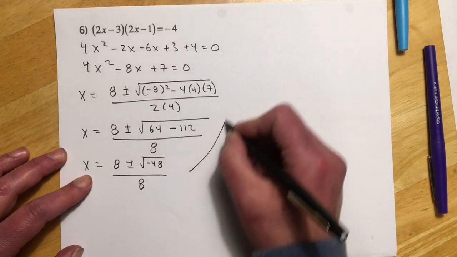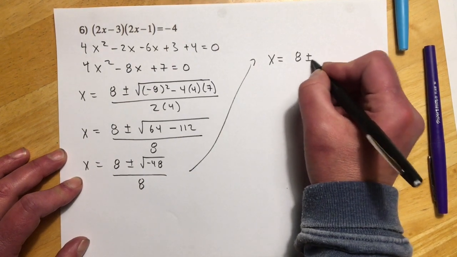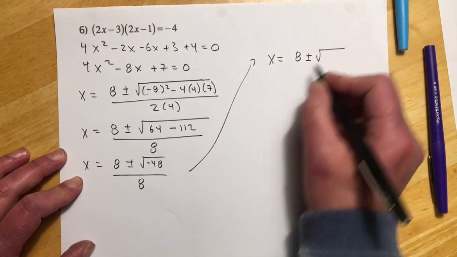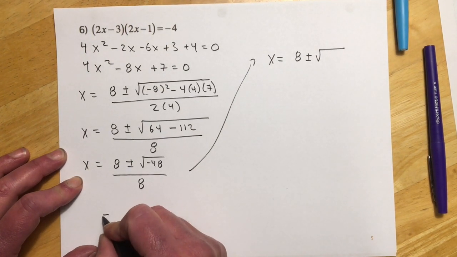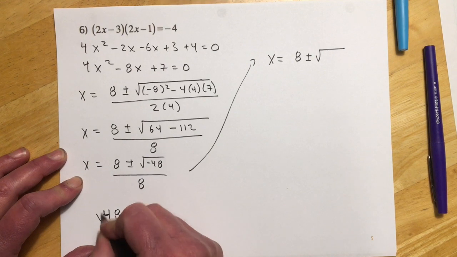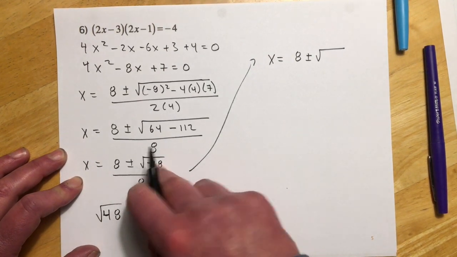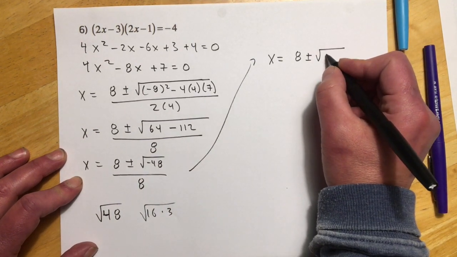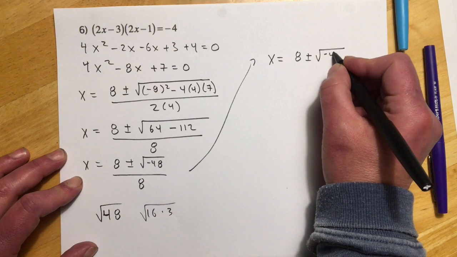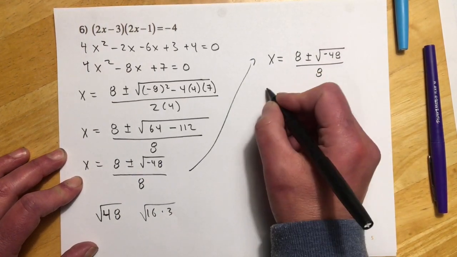And then I think I'll scoot up here with it. X equals 8 plus or minus. And 48 is 16 times 3, and also negative. Let's recopy it since I didn't bring anything out.